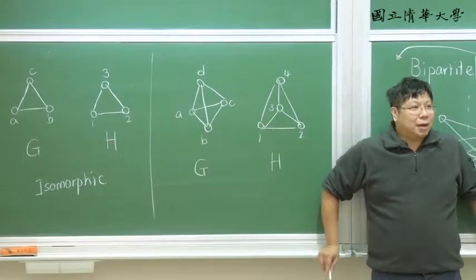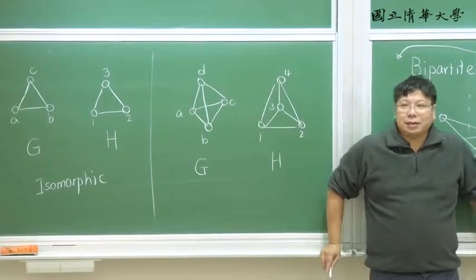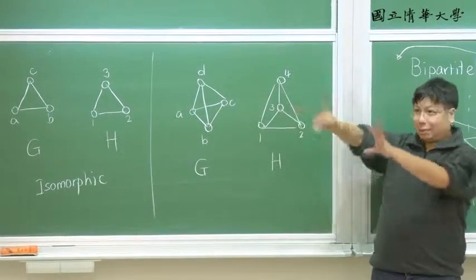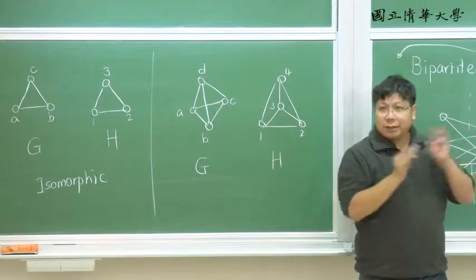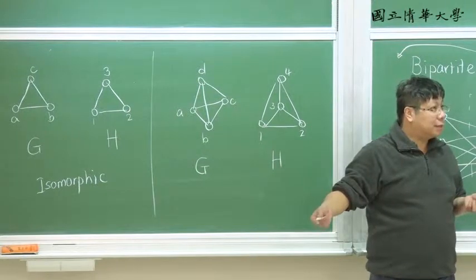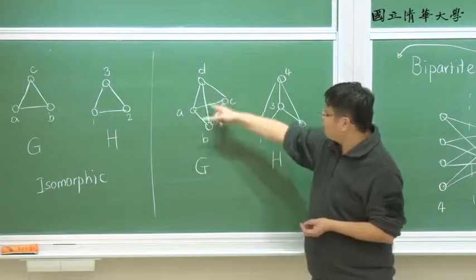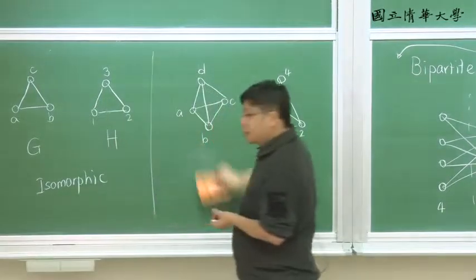For a graph, two graphs being the same does not depend on their appearance when you draw them. It depends on the vertices and also whether there are edges between particular vertices. So even for this graph, I can draw it in a different way, and it is still the same graph.